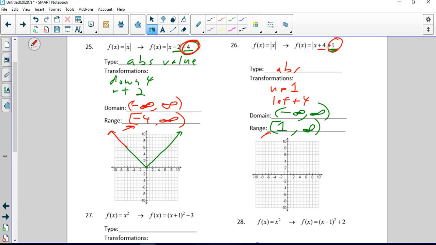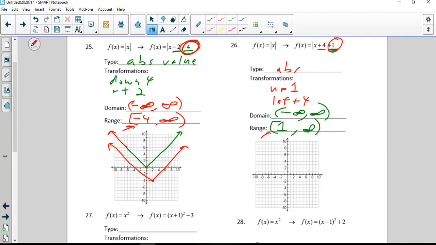So we have our original one there. And the easy way to do this is you can use the points from the table, or just take your vertex and move down 4 and right 2. 1, 2, 3, 4, 1, 2. And there's your main one. And remember, it goes up diagonally through the corners of the grid, like so.